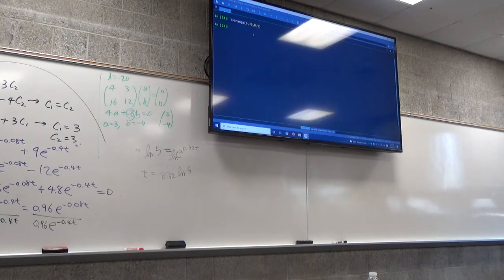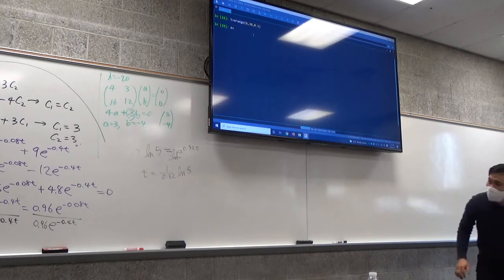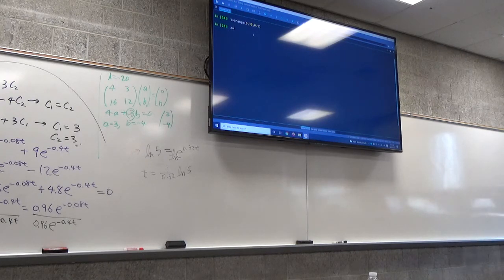Let's define x first. X is 3 times exponent of negative 0.08 times t, and then minus 9 times exponent of negative 0.4 times t, plus 9. Oh, it's plus?